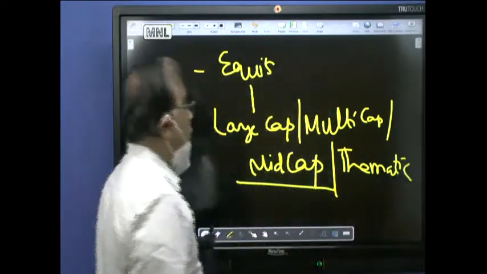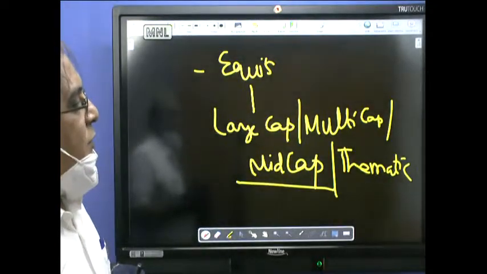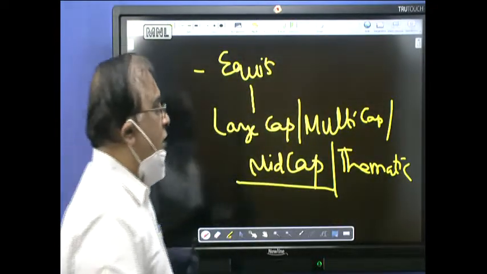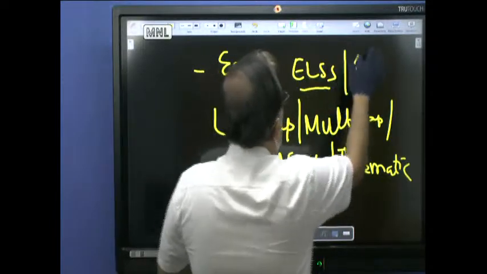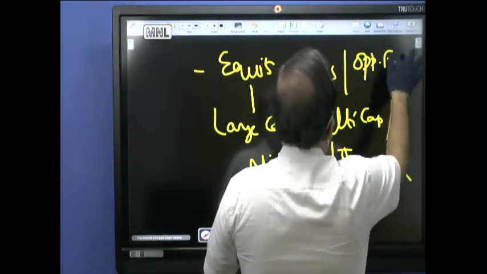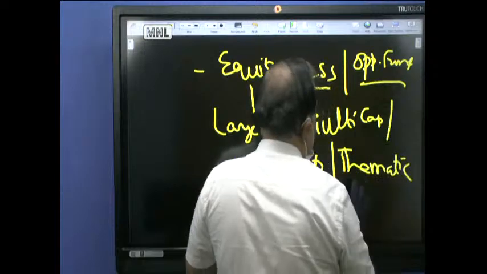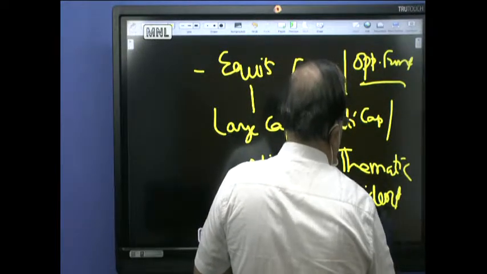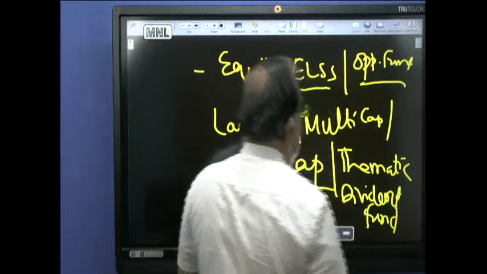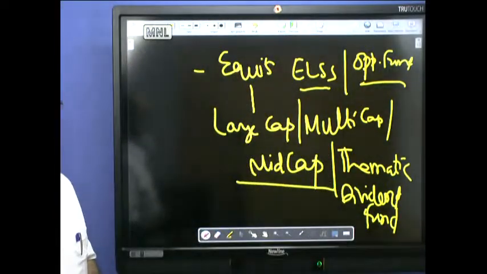There is the ELSS scheme for tax benefits, then the opportunities fund, then the dividend fund. All this can come under thematic funds. Then arbitrage funds. So many different types of funds are there.